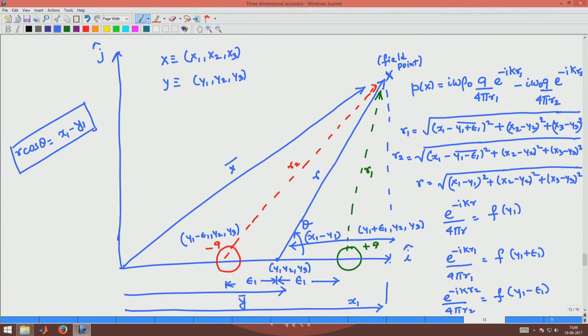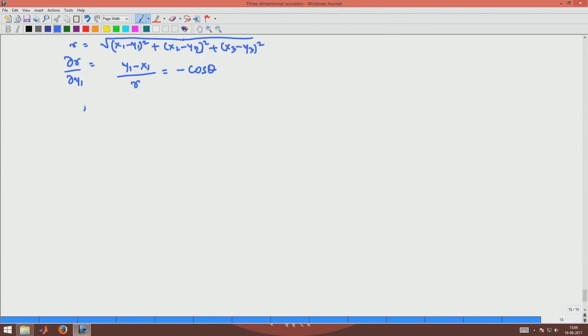where theta is the angle that has been drawn in this figure. And similarly, del f/del r, so f of r is e to the power minus i k r by 4 pi r. So, del f/del r will be given as del/del r of e to the power minus i k r by 4 pi r, and that would have two terms.